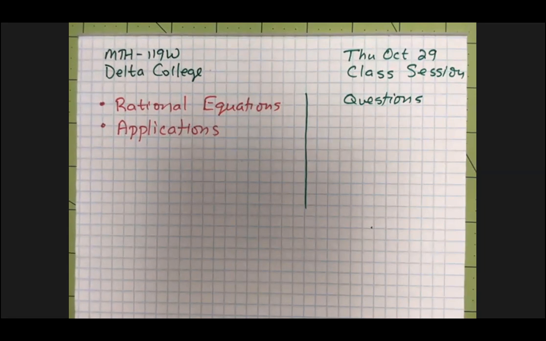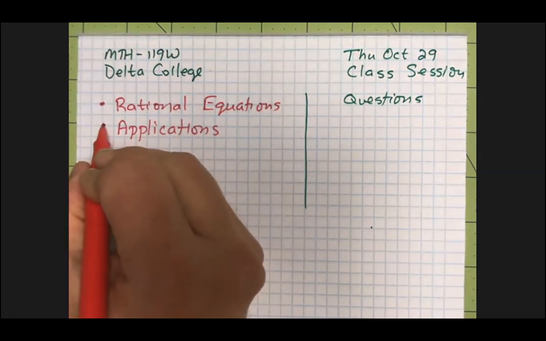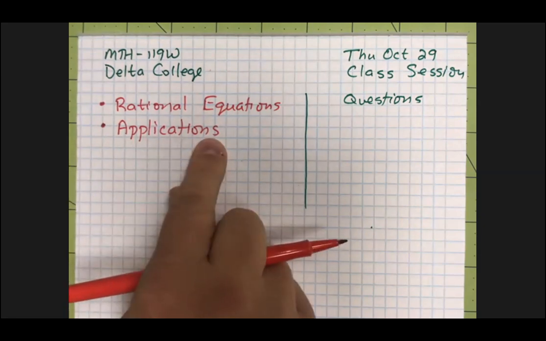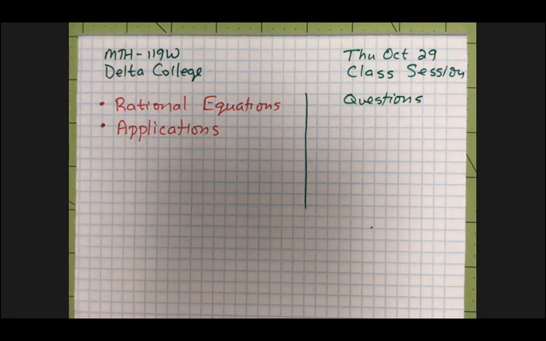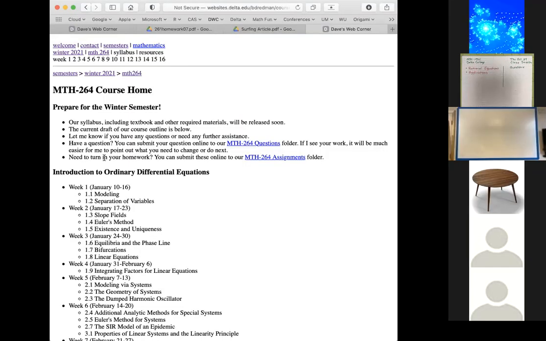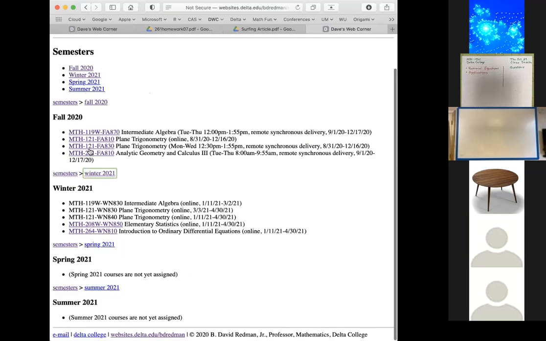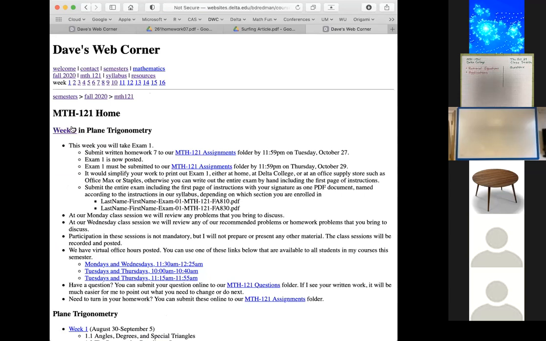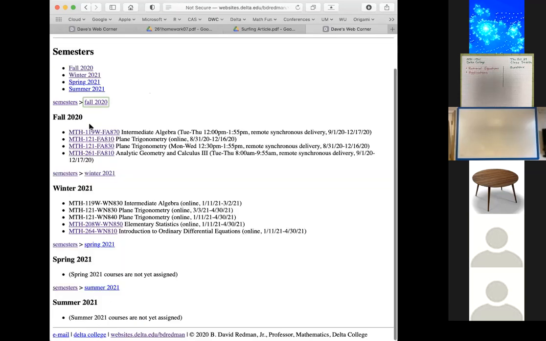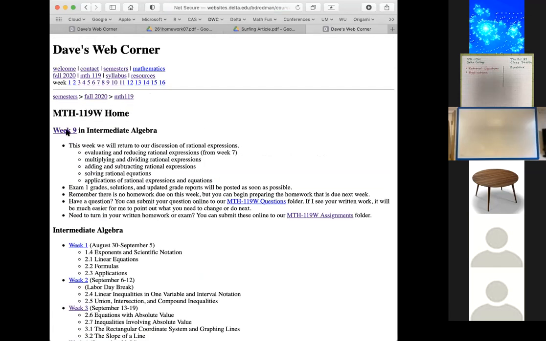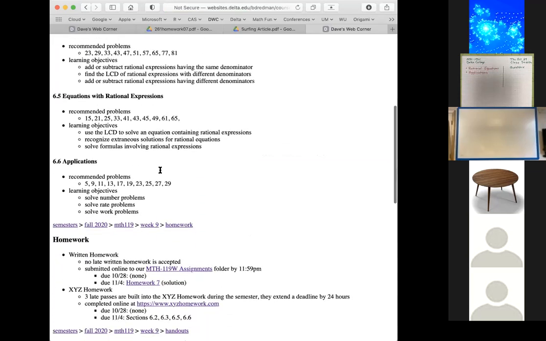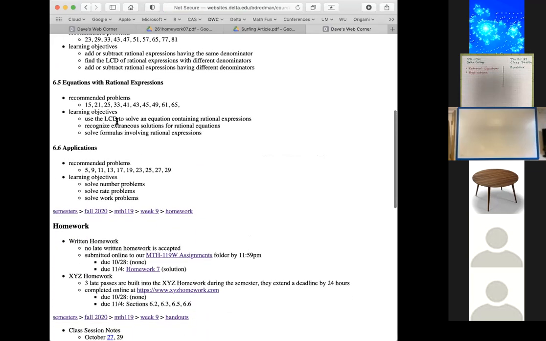Now the applications problems that we're going to give you, and I'll show you where we are on our website. There's two sections we're looking at. Oops, wrong semester. On course 119 week 9, we're looking at these last two sections this week, 6.5 and 6.6.